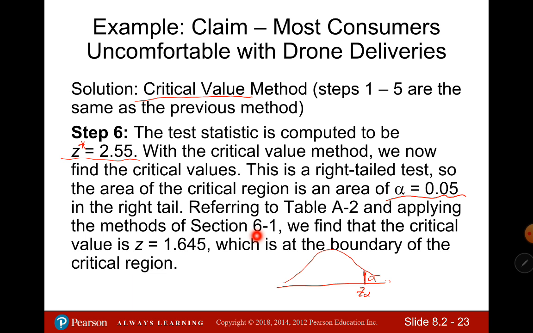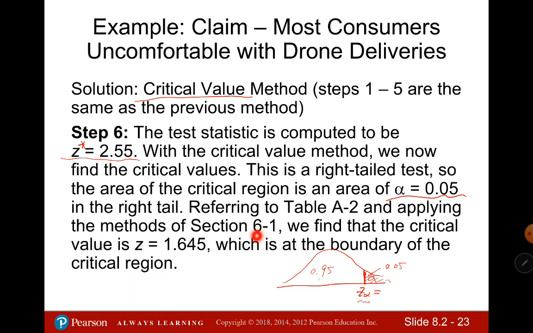If alpha is 0.05, we cannot use 0.05 to check the table because it's the area to the right side. We will use the area to the left side to find the critical value.